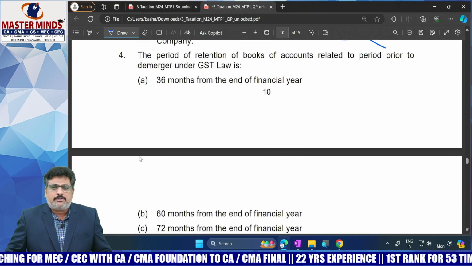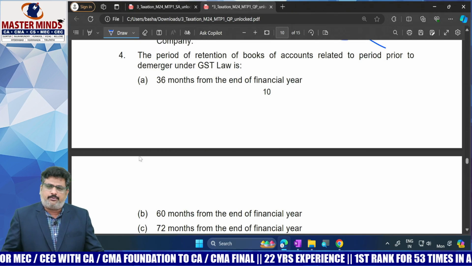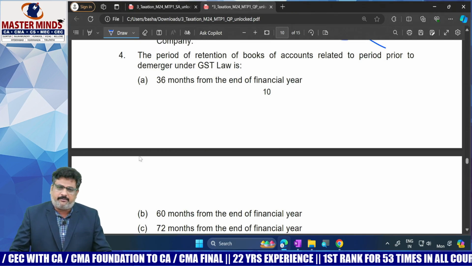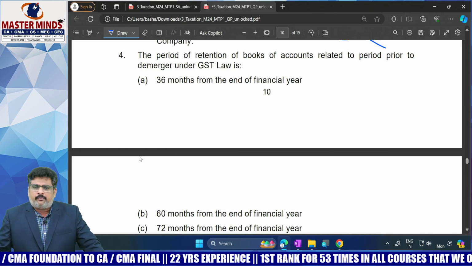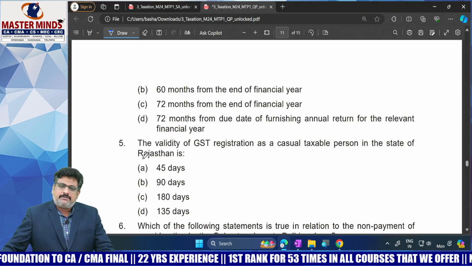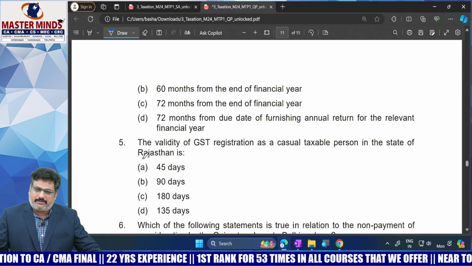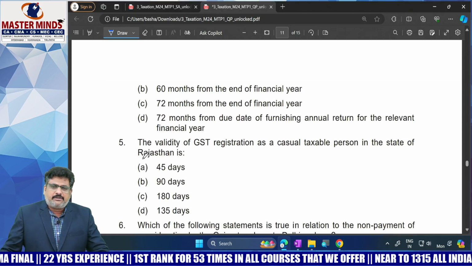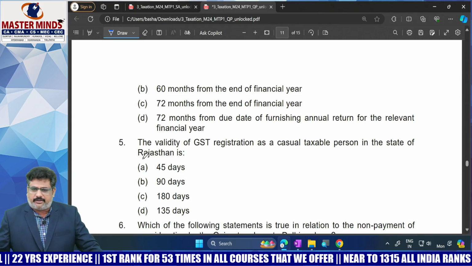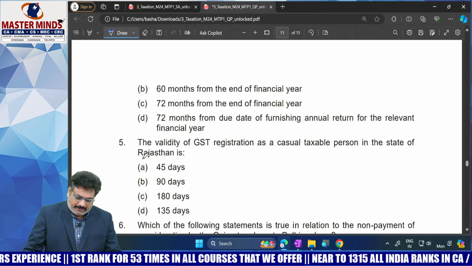Next one. The period of retention of books of accounts relating to the period prior to the demerger under GST law is 36 months from the end of the financial year, 60 months from the end of the financial year, 72 months from the end of the financial year, or 72 months from the due date of furnishing annual return for the relevant financial year.